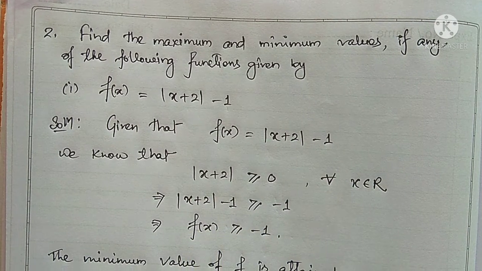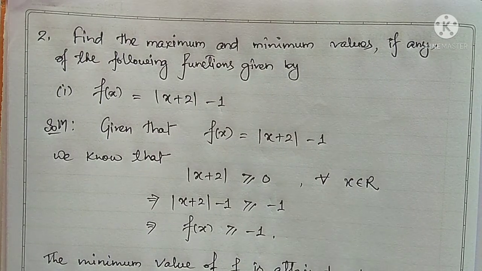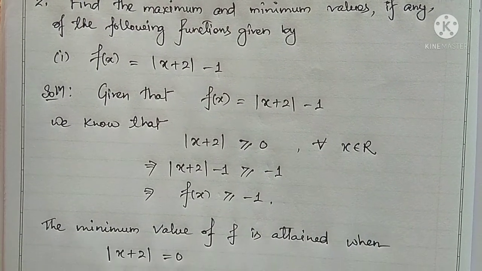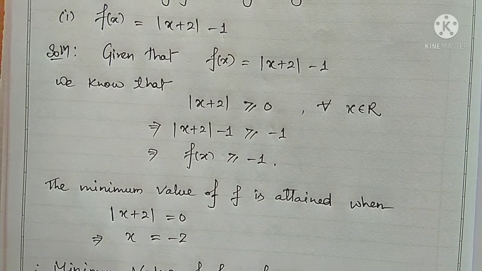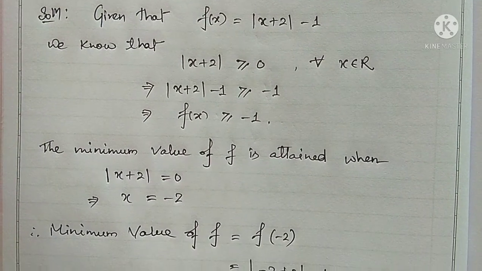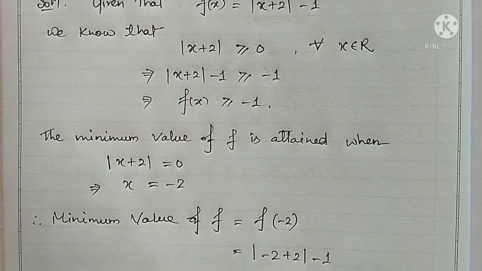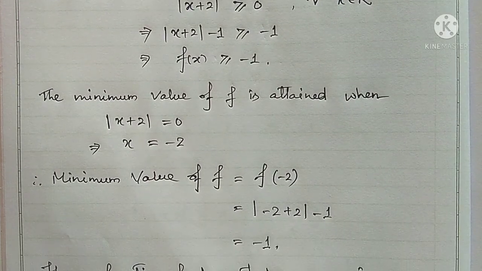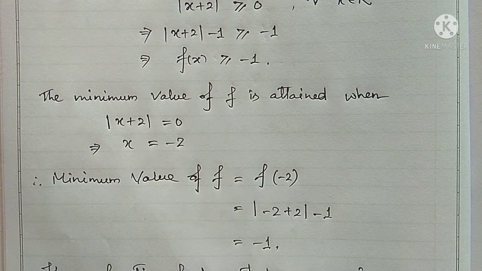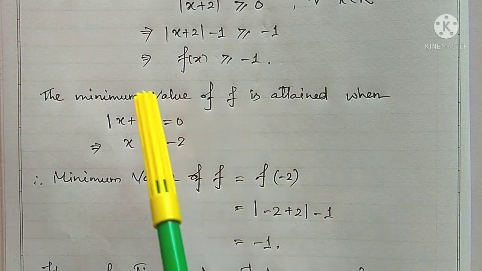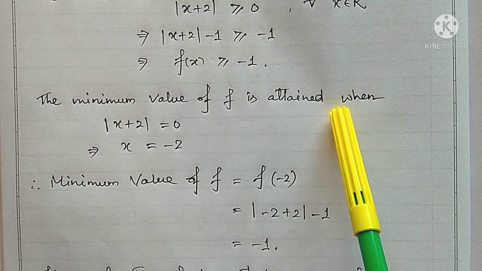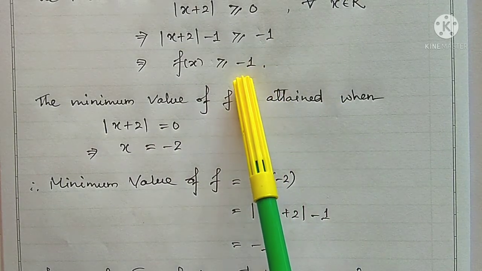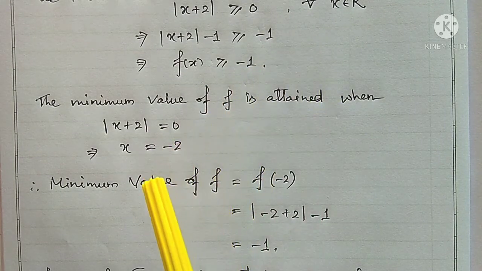What is the meaning of this? f(x) is greater than or equal to minus 1 means the minimum value of f(x) is minus 1. The minimum value of f is attained when the modulus part is equal to 0.